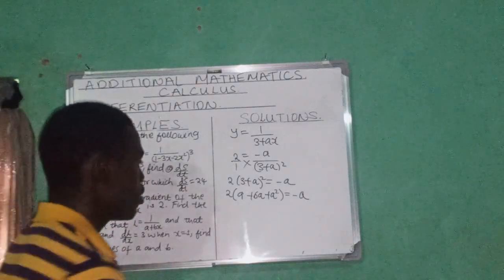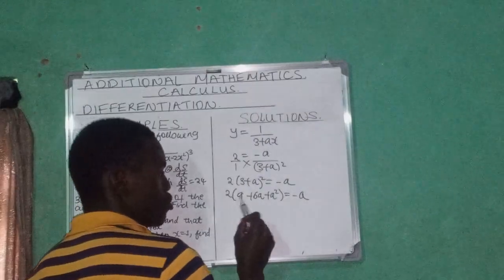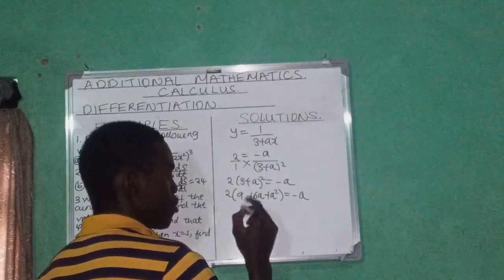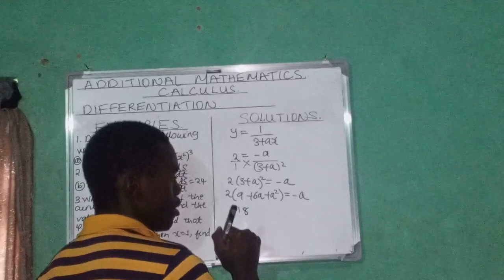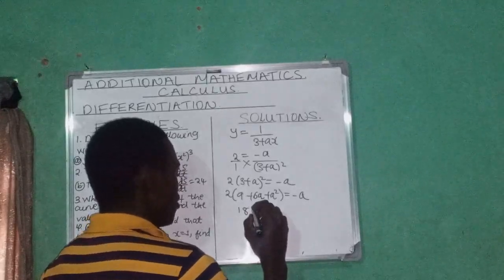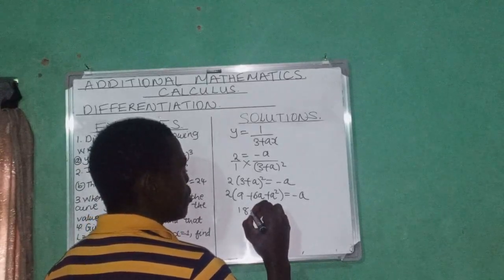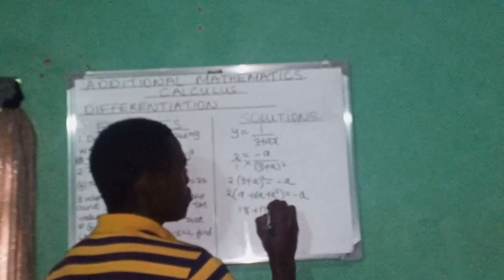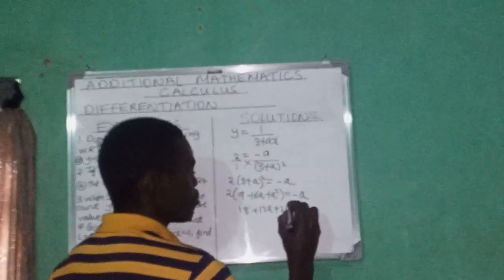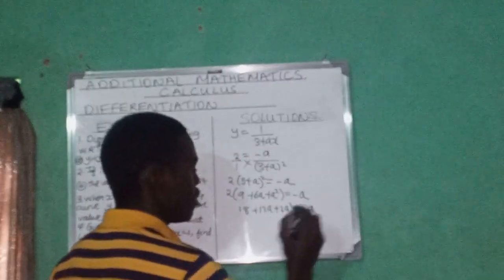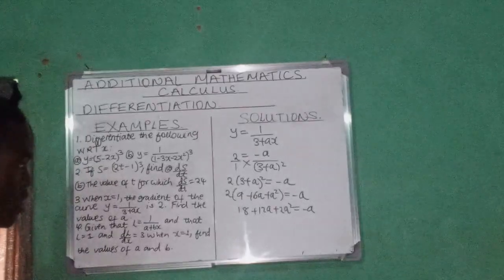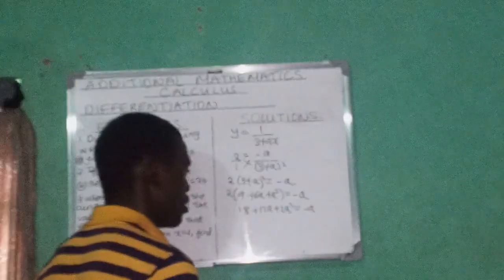And then to proceed, you just distribute the 2 inside the brackets. You're going to have 18 plus 12a plus 2a squared is equal to negative a. If you distribute the 2 properly, that's what you're going to have. Okay? And then we have a negative a here.